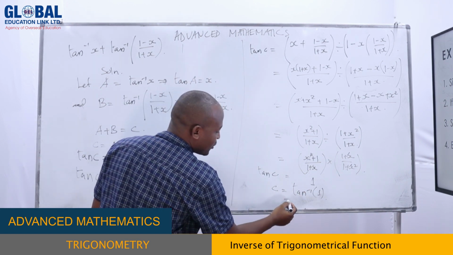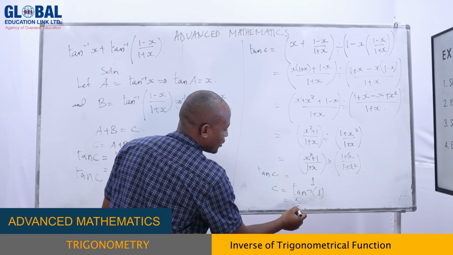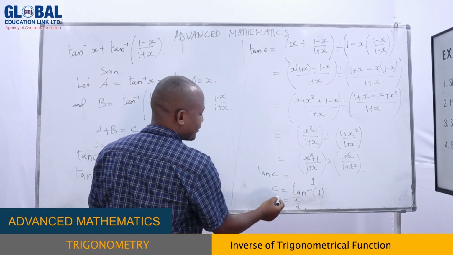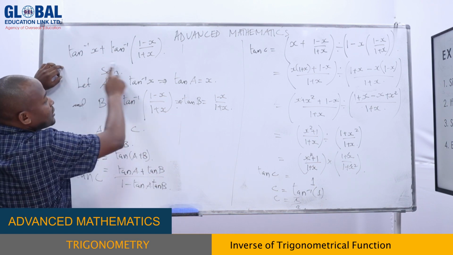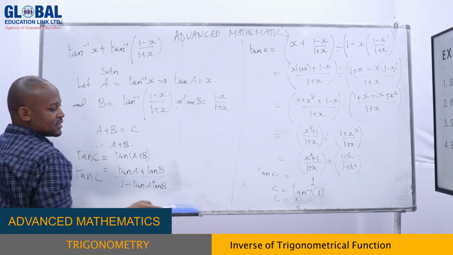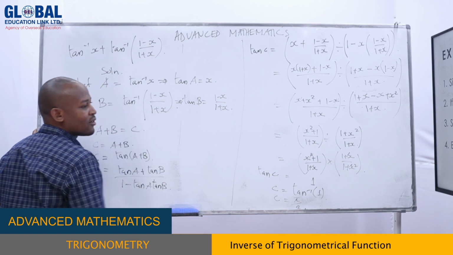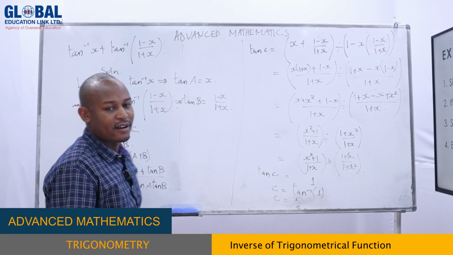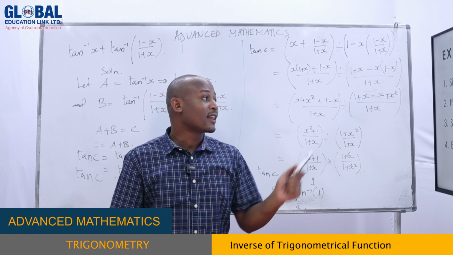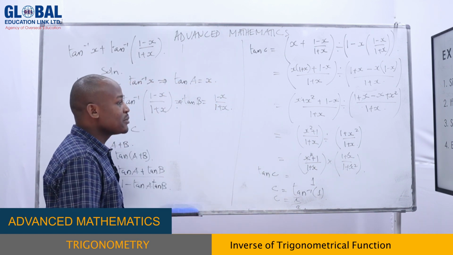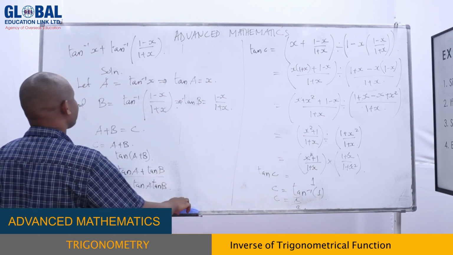And tan inverse of 1, we know that it is pi over 4. That means it is 45 degrees. That is to say, all of this is equal to pi over 4. That is 45. So this is how we simplify a simple expression like that. Just follow the rules and things will be very much okay.